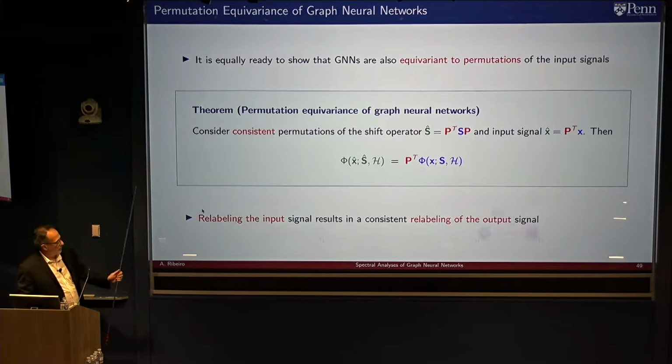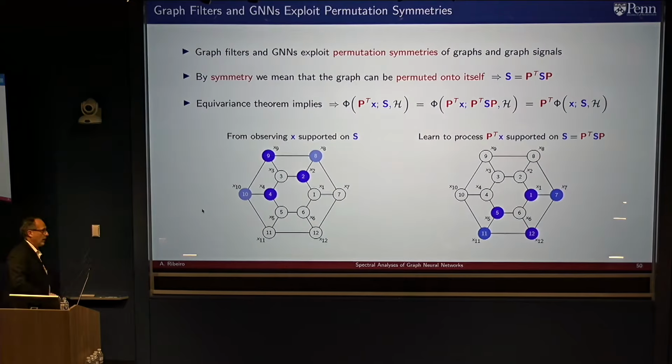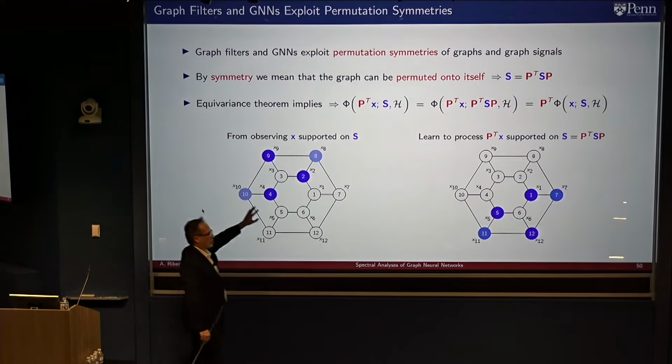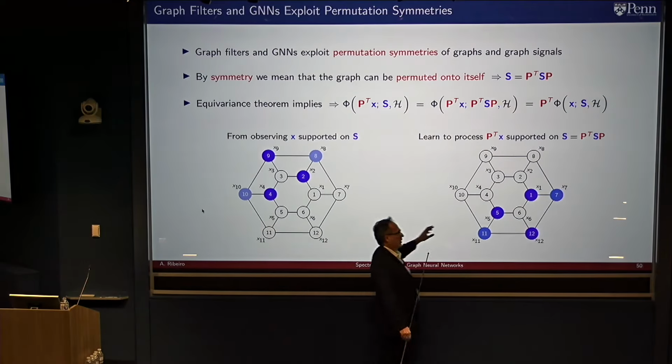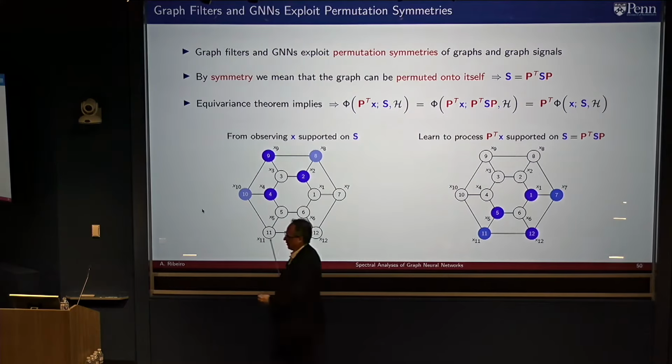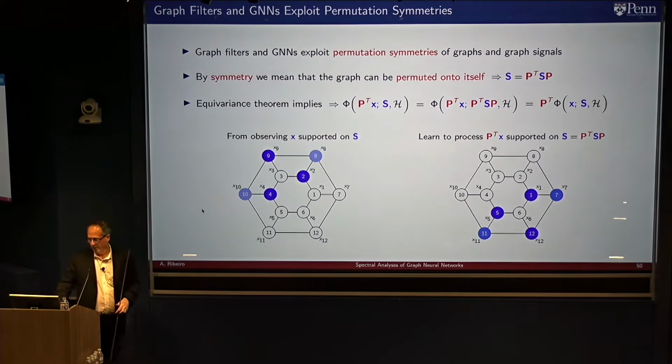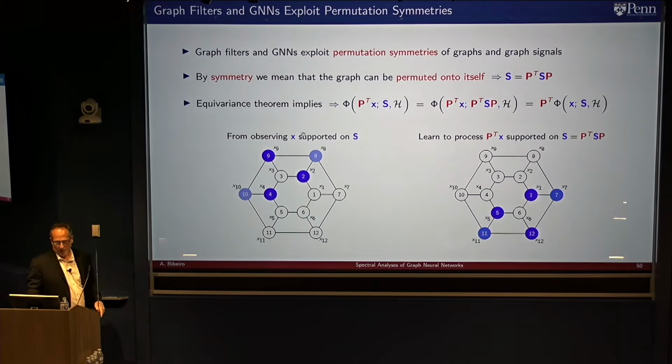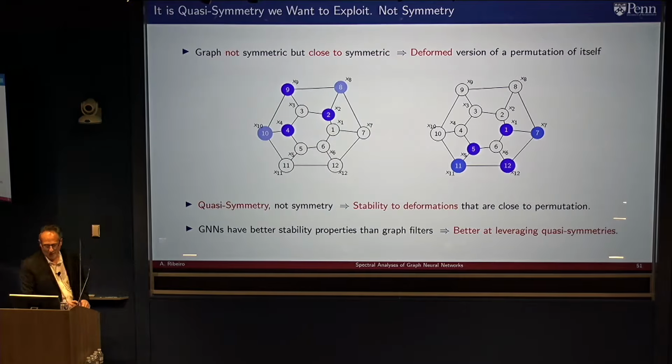There is, however, one step that I don't really buy, which is that because of permutation equivariance, graph neural networks scale. And why? Well, because you can learn from this graph signal to process this other graph signal which you never have seen. And that has something to do with reality, but the truth is this.